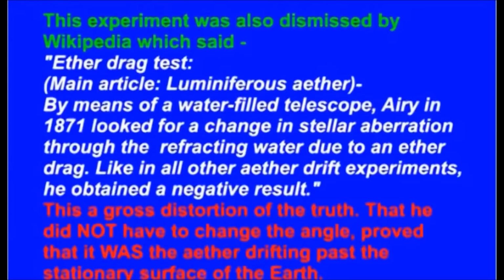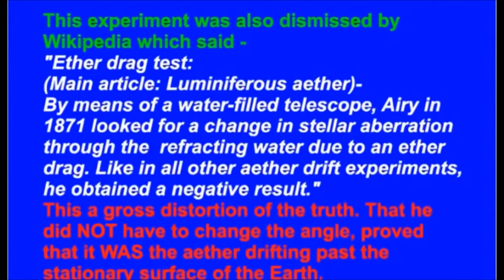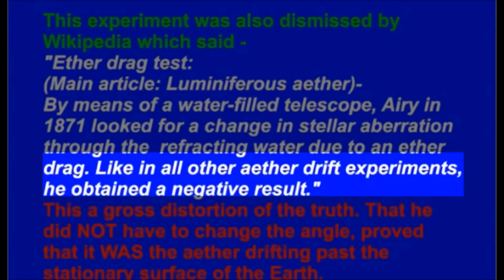This experiment was also dismissed by Wikipedia, which said, "Ether drag test," under the main article, "Luminiferous Ether." By means of a water-filled telescope, Airy in 1871 looked for a change in stellar aberration through the refracting water due to an ether drag.